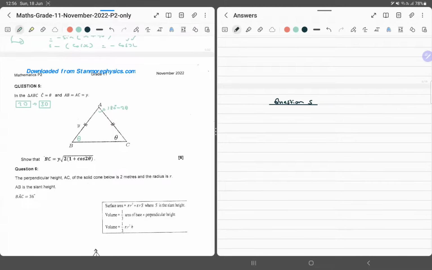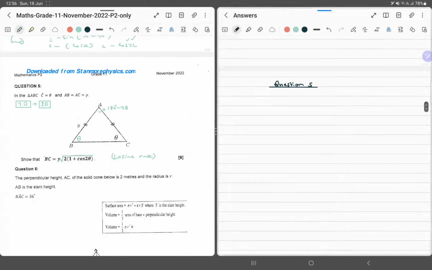Obviously, once we see a square root sign, we know that of the triangle rules, we must have used the cosine rule. Okay, so please identify what would work, because it makes life a lot easier.